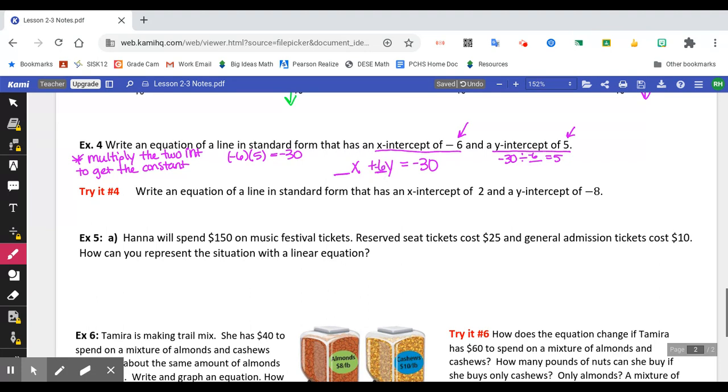So my y value has to be -6. In order to get this answer for my x, I had to take -30 and divide it by something to get -6. And that would be +5. Okay? So let me get this a little closer. And that would be your answer.